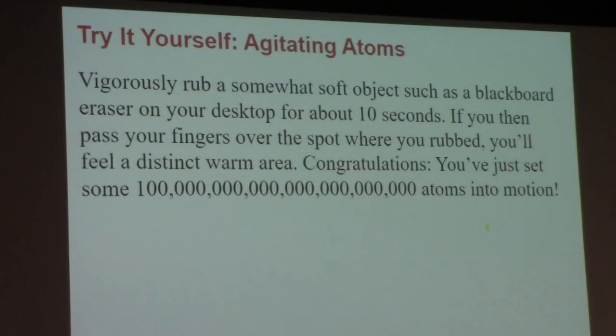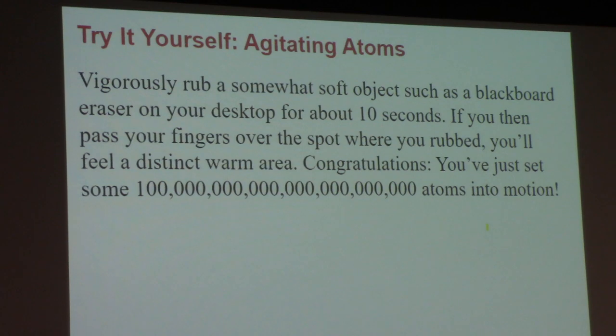Vigorously rub somewhat soft objects such as a blackboard eraser on a desktop for 10 seconds. If you pass your fingers over the spot where you rubbed, you'll feel a distinct warm area. Yep, it's definitely warm. Congratulations.